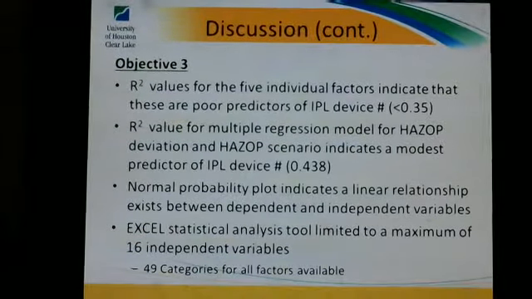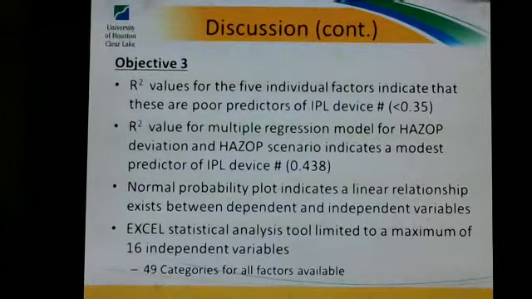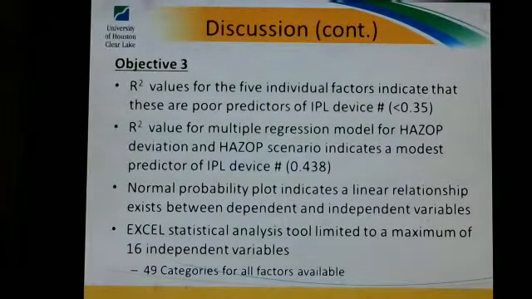All right, for the third objective, the R-square values indicate whether or not a factor is a good predictor of the dependent variable, which in our case is the IPL number. For the 5 individual factors that we looked at, they were all poor predictors of IPL device number. All the R-square values were less than 0.35. The R-square value for the multiple regression model for HAZOP deviation, HAZOP scenario, indicated a modest predictor of IPL device.